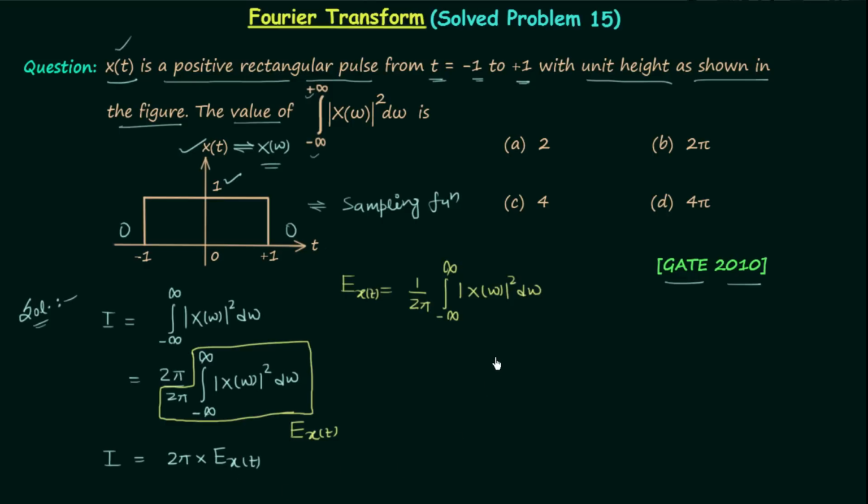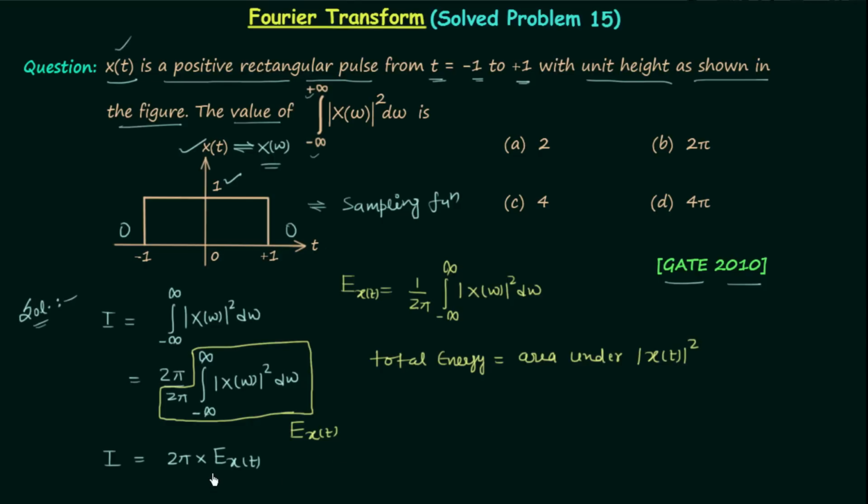And we have seen in the lectures of energy signals, the total energy is equal to the area under the curve |x(t)|^2.